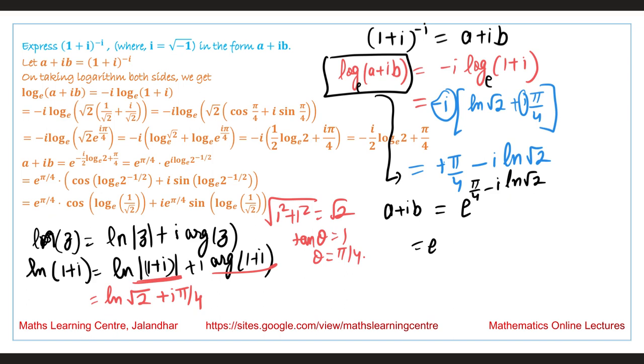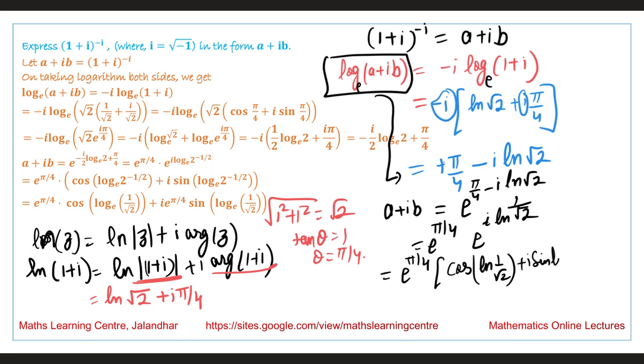This is equal to e raised to the power pi by 4 times e raised to the power iota log of 1 by root 2. The minus sign we have taken inside. So we can write this as e raised to the power pi by 4 into cos of log of 1 by root 2 plus iota sine of log of 1 by root 2.